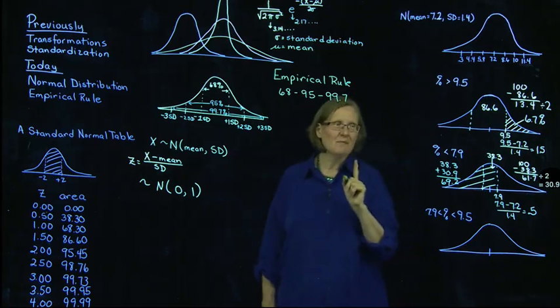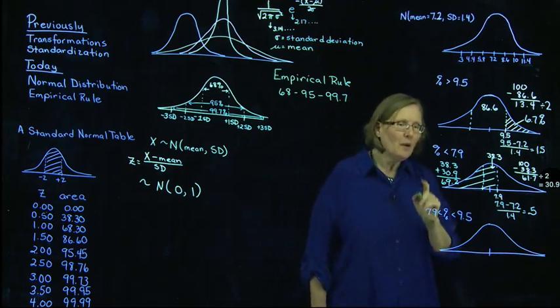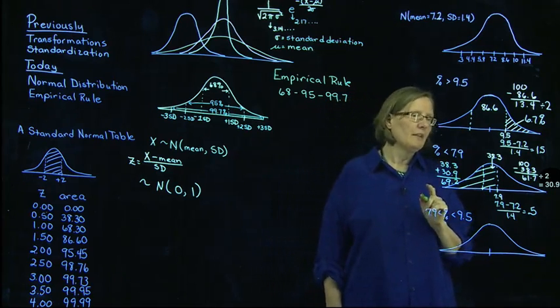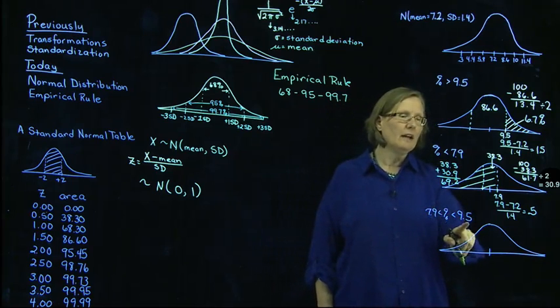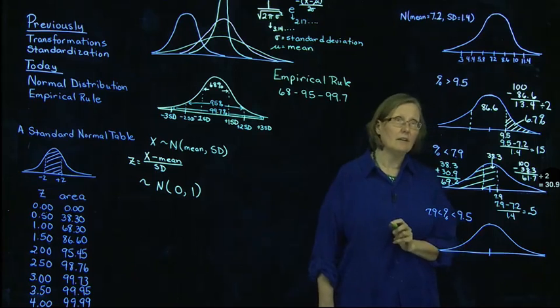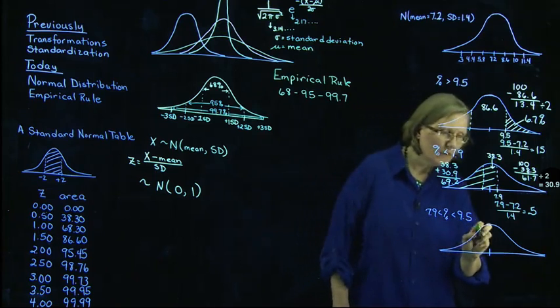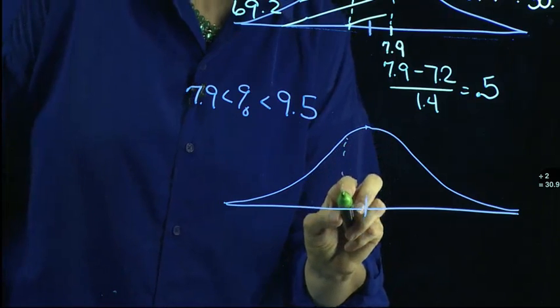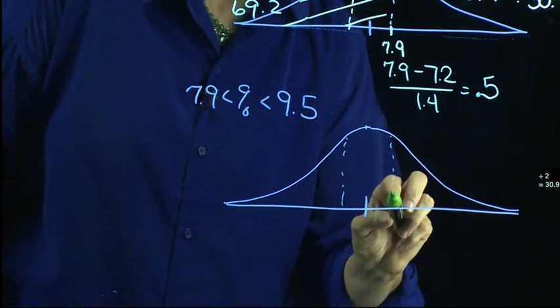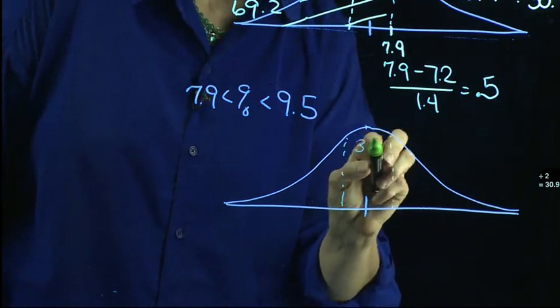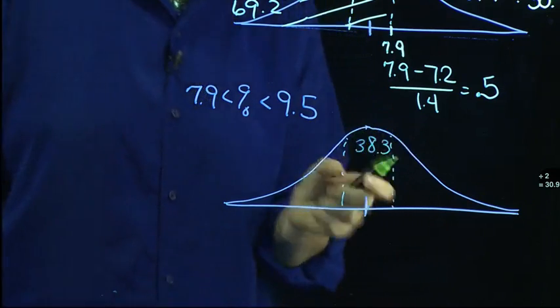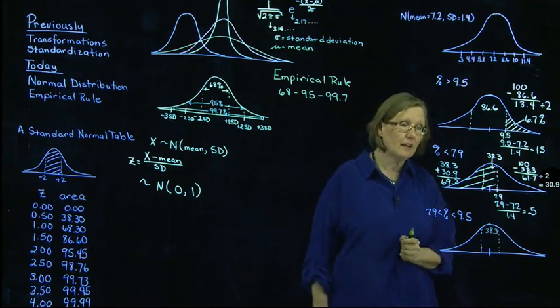Okay, take it one step further. Now I want to estimate what percent of the babies had between 7.9 and 9.5 birth weights. We know that for 7.9, we saw 38.3% within 0.5 standard deviations.